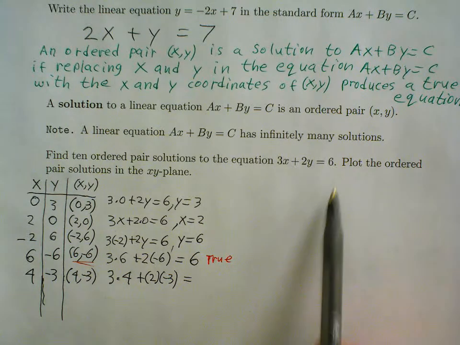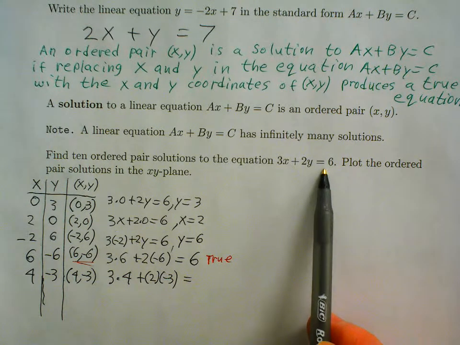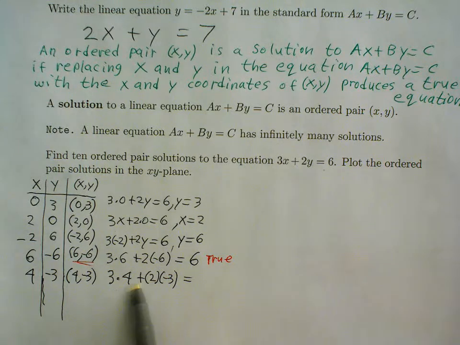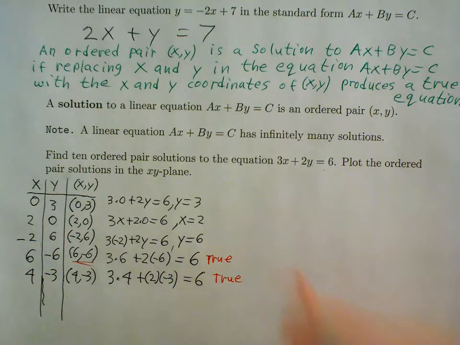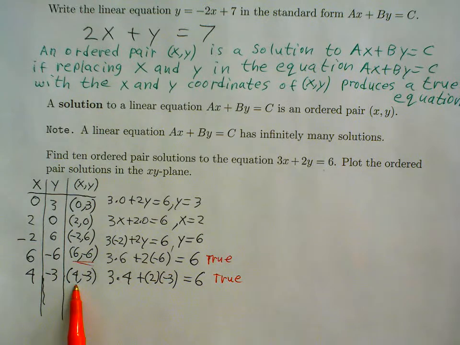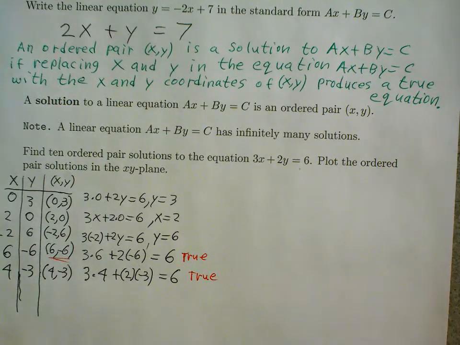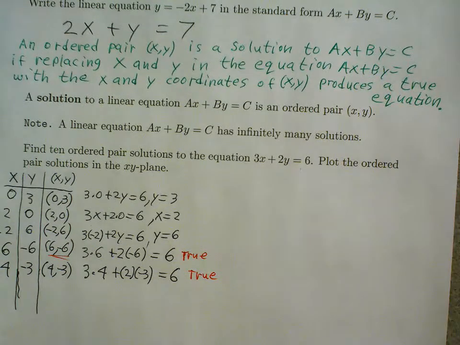And this is supposed to equal 6. So 12 plus -6 equals 6. That's also true. So the ordered pair (4, -3) is also a solution. Well, rather than finding 5 more, let's just plot these ordered pairs in the xy plane.